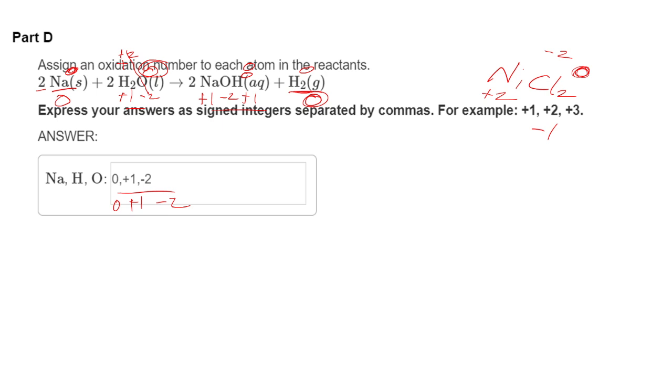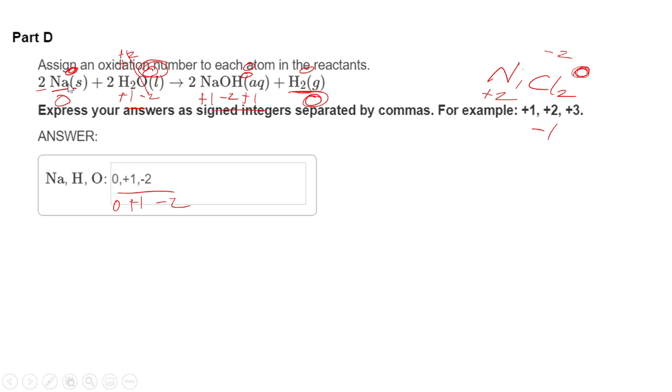I think the thing that gets me is, if carbon's like how sodium was by itself, how would it want to be that +1? That's what would trip me up. And so now I'm like, okay, how do I know that it's actually supposed to be 0?